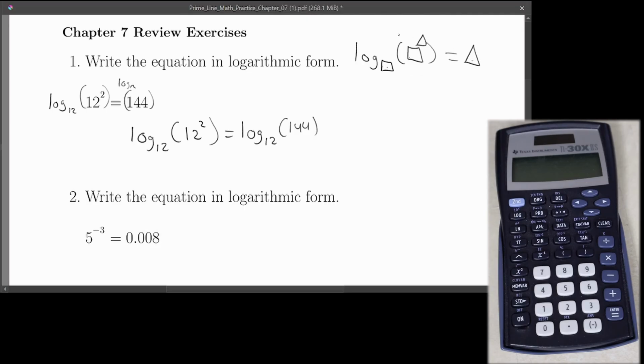So you can replace all of that with just the power value. In this case, our exponent, or power value here, is going to be 2. So we can write this as 2 equals log base 12 of 144.